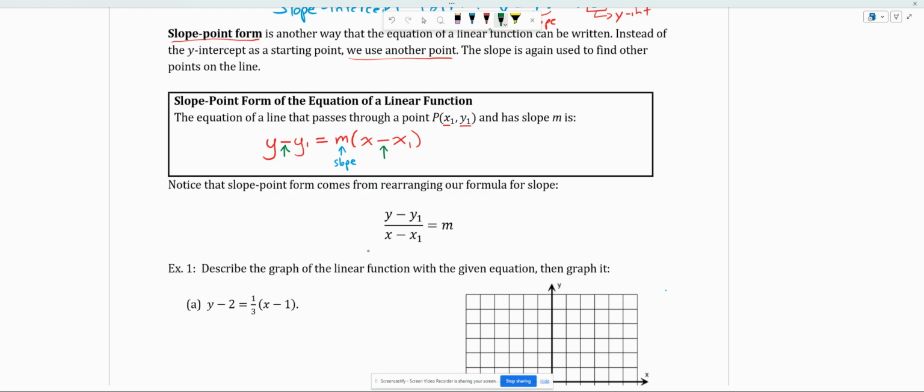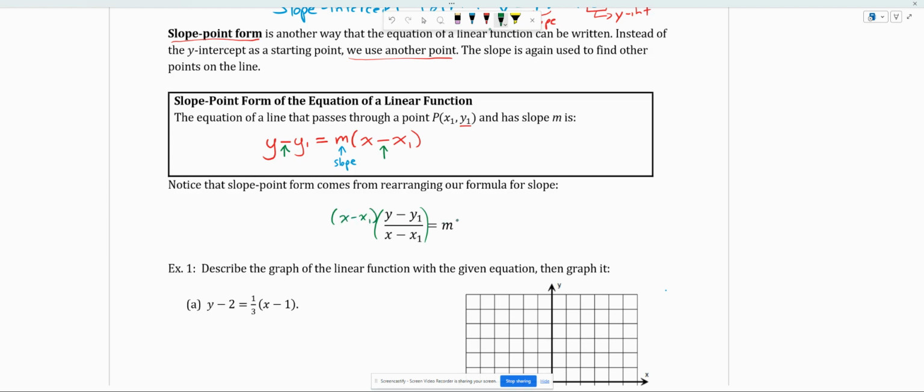Just notice that the slope point form comes directly from 5.1, our original equation for the slope. It looks a little different. Usually it had a y2 and an x2 here, but we're saying just in general. If y and x were variables and we subtract the point, we can modify this equation by multiplying both sides by the denominator, x minus x1.